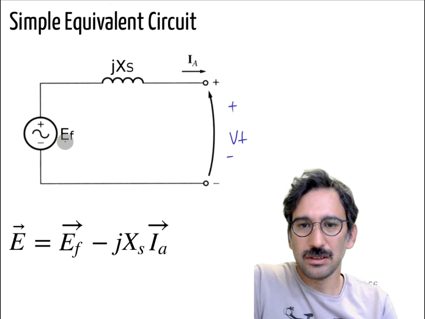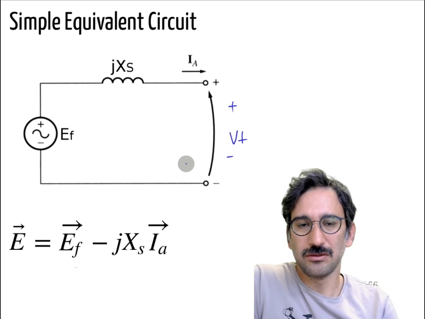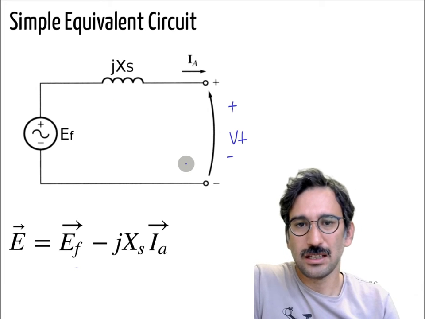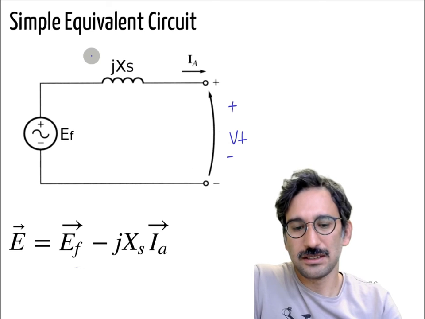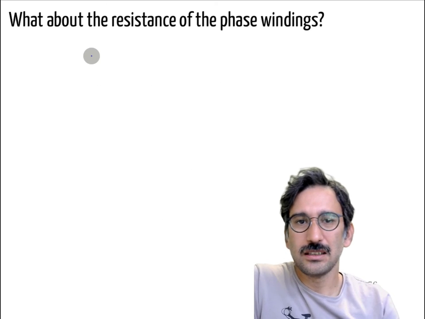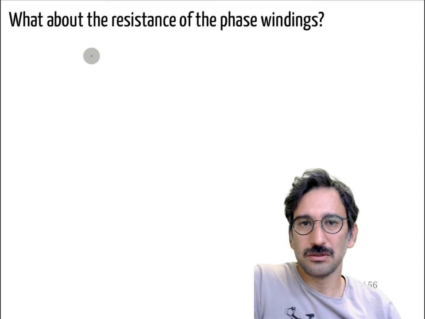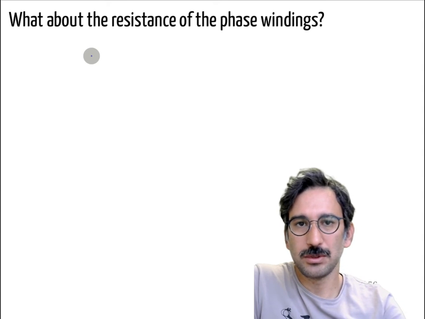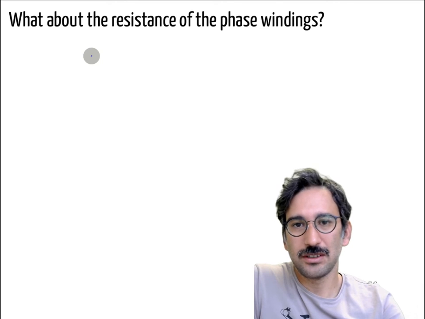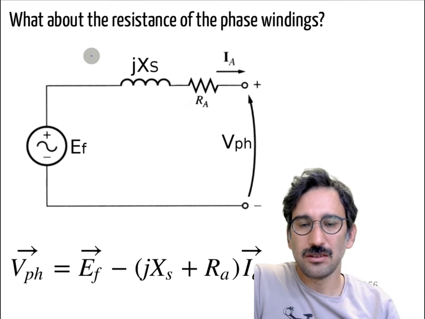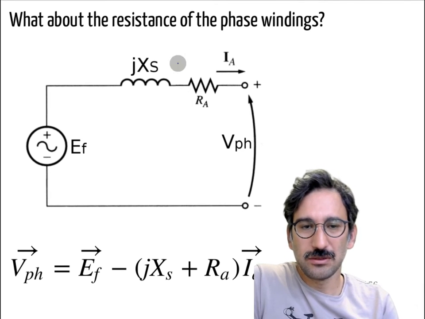Okay, and I will have EF as the no-load, open circuit voltage, and there will be some current flowing in that direction, and there's some voltage drop in that series inductance. And again, on top of that, we will have the resistance of the phase windings. So there will be some voltage drop in that resistance, so you can include that as the armature resistance here.